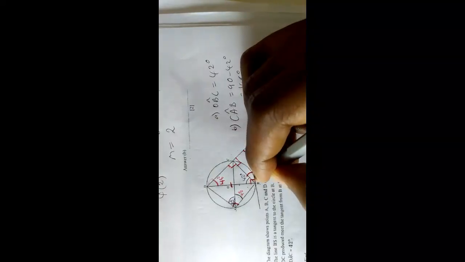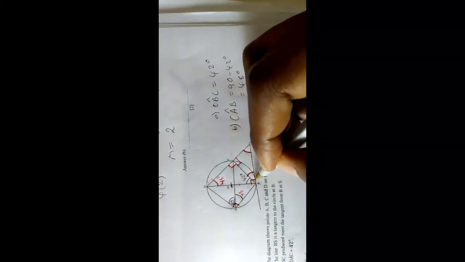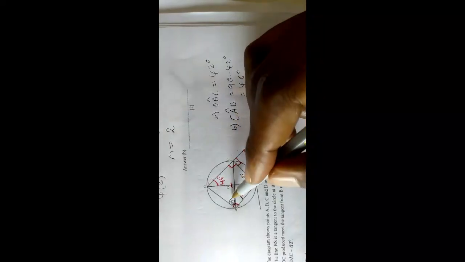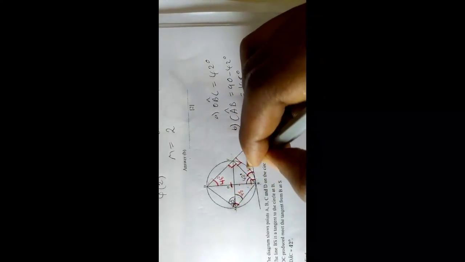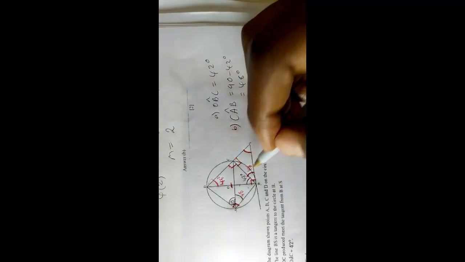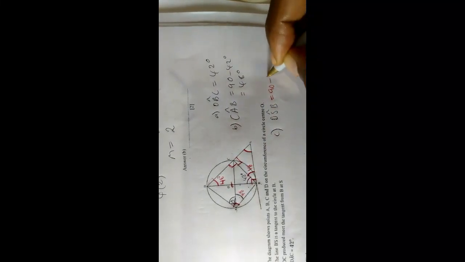Or we can simply use the theorem which says the radius and the tangent make an angle of 90 degrees. So here we have a 90-degree angle, and this is 42. So if you say 90 minus 42 is the same as this, we are going to have 48 here. So finally here we have 90, here we have 48. So DSP is equal to 90 minus 48, and that is going to be 42 degrees.